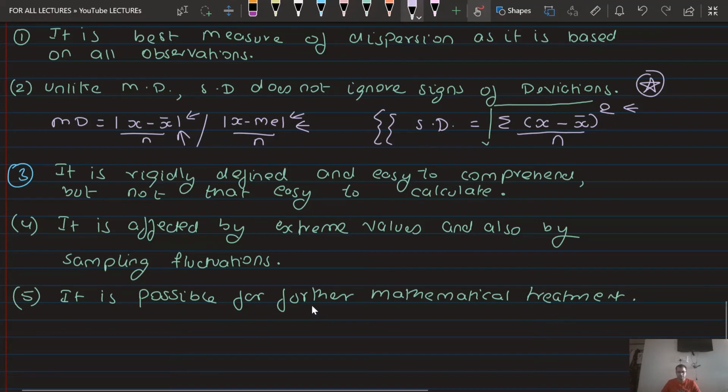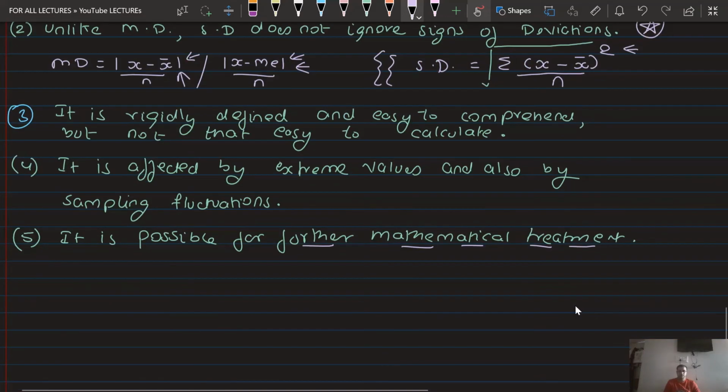We have just now seen that we have studied the combined standard deviation, which was not the case in your quartile deviation or in mean deviation, because others are not possible to apply this combining, but only standard deviation is applicable for combining for the two or more groups. Okay, so that was your point number 5.